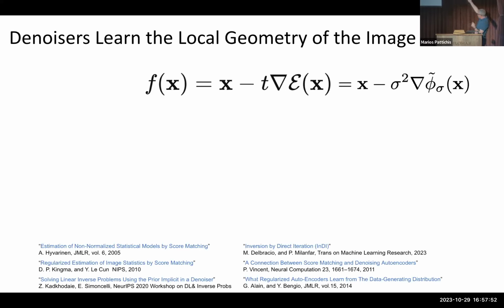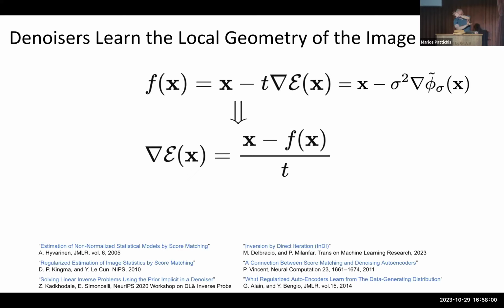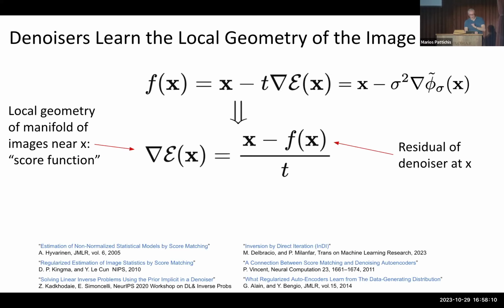I can write this because it's basically exactly the same form as you saw before, for instance, for the MMSE. I can also turn this equation around, and I can write the gradient of the energy function as X minus F of X, which is the residual, divided by T. So the right-hand side, you've got a scaled version of the residual, and on the left-hand side, you've got this energy function that, if you like, somehow describes a metric on this manifold on which these images live.